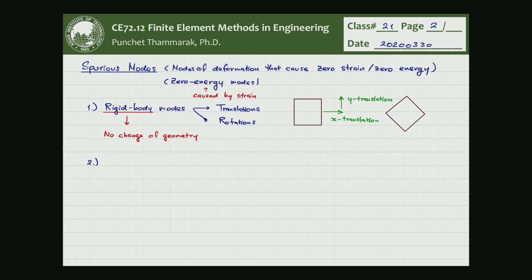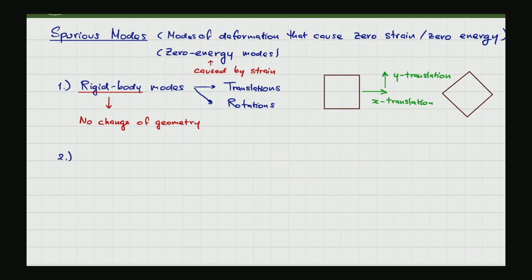The second one, not only the rigid body modes, we have the so-called spurious mode. Not spurious mode, hourglassing. Hourglassing modes. In the hourglassing modes, you have the change of the geometry. So I say that geometric change is possible.